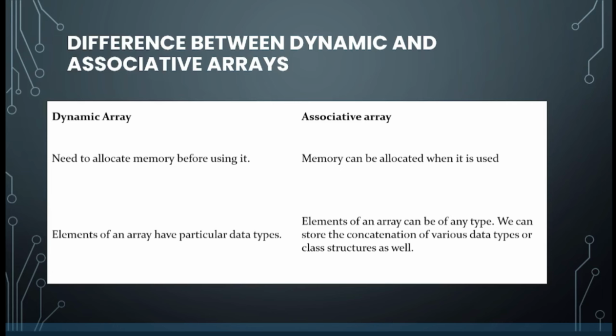When you want to use the string data type for your array, then you will be using this associative array. Not only string data type, you can use any kind of data type in case of associative array, but in case of dynamic array this is limited. Basically we will say that in dynamic array we will be using only integer data types, but if you want to use any string data type or any class structures, then you will be going for associative array. So that is the difference between dynamic array and associative array.